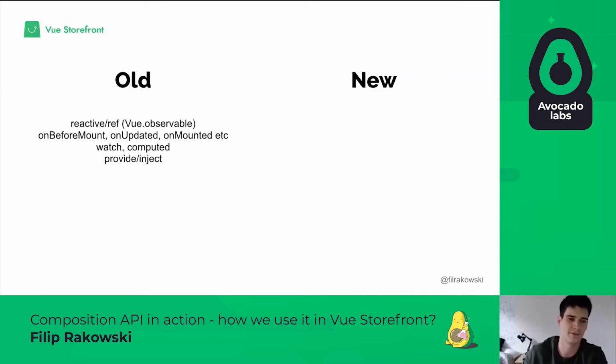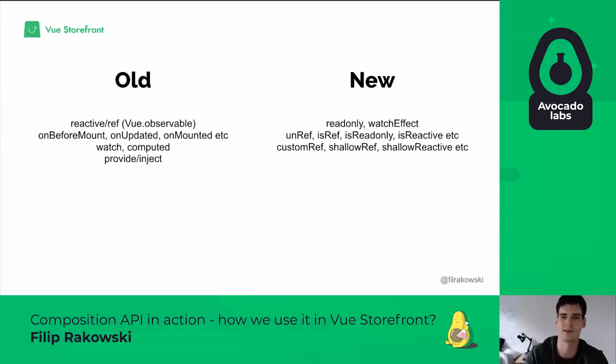We also have functions for lifecycle hooks, so onBeforeMount, onUpdated, onMounted, etc. We also have watch and computed functions, which behave like the same functions from Vue 2. And we also have provide/inject functionality, which works more or less the same as in Vue 2.